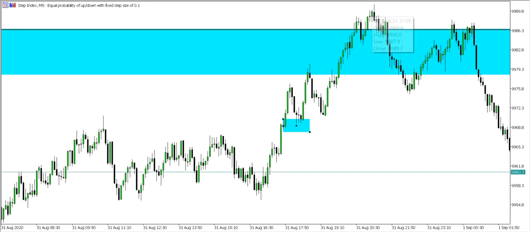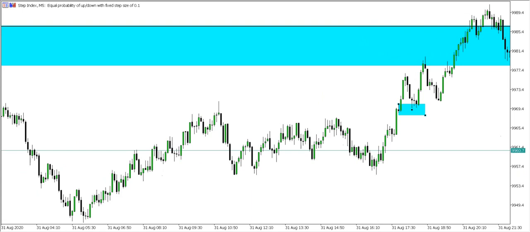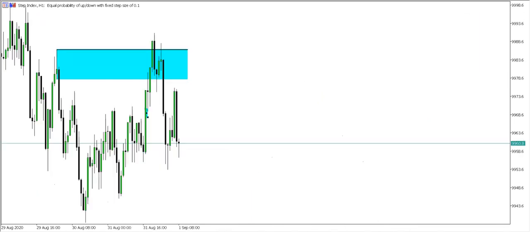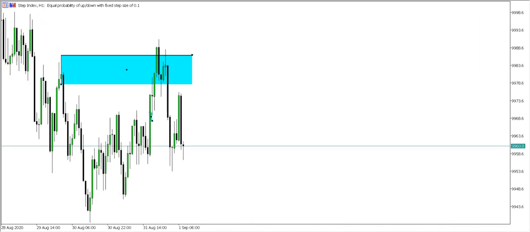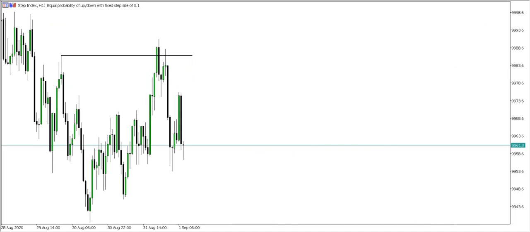For this high right here, let me do this for neatness' sake. I'm going to remove the blue, and I can put a black line so that it becomes clearly visible.